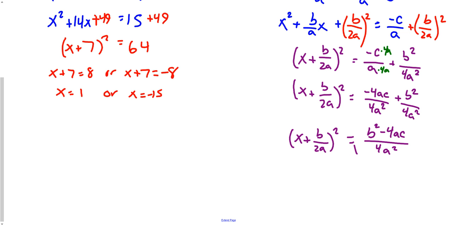Now, when we do that, keep in mind, we have no idea if this is a perfect square. When you have an expression like this, you can't assume it's a perfect square. Now, 4a squared, yes, that is a perfect square. B squared, yes, that's a perfect square. 4, that's a perfect square.